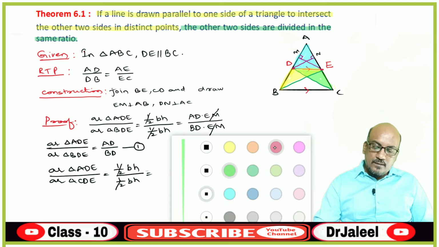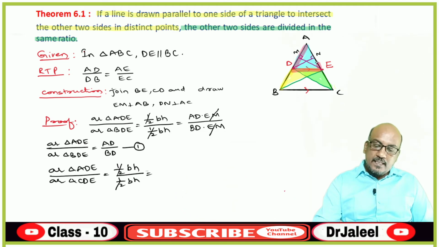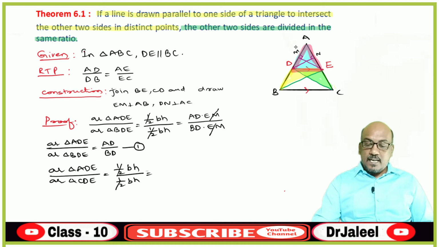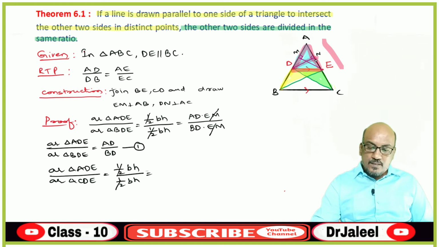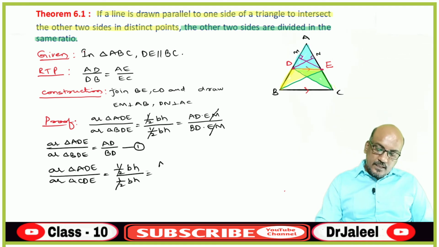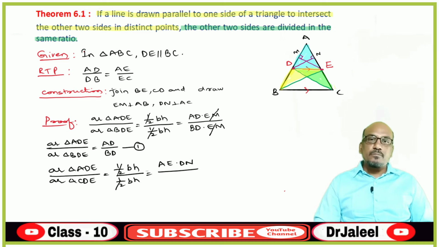Now let's go for ADE first. Here earlier we considered this as a base. Now we are not considering that. We are considering this as a base. When you consider this as a base, what is the height going to be? DN. So let's mention that. AE into DN by.